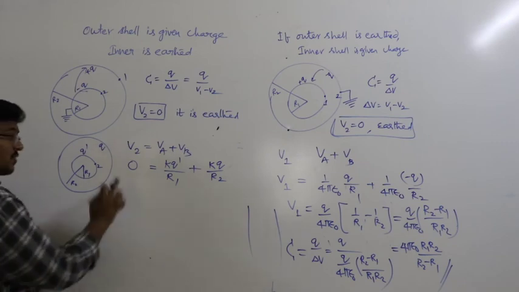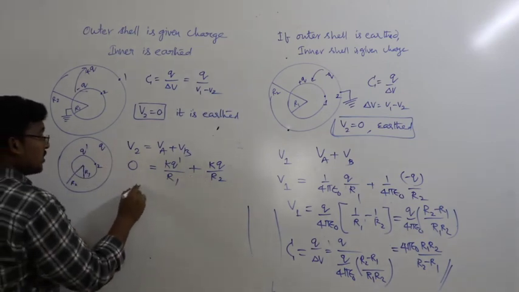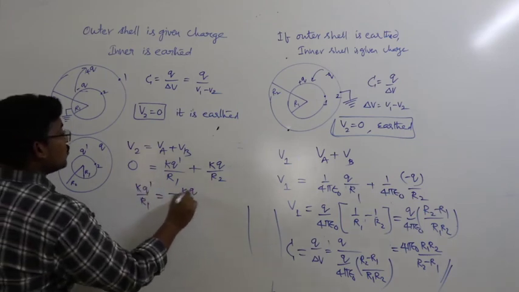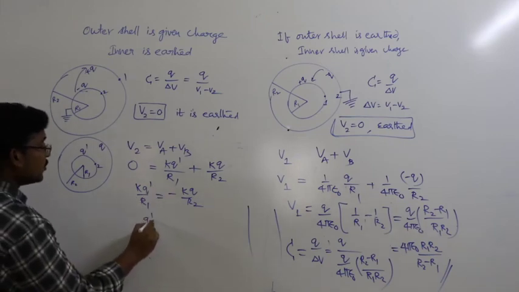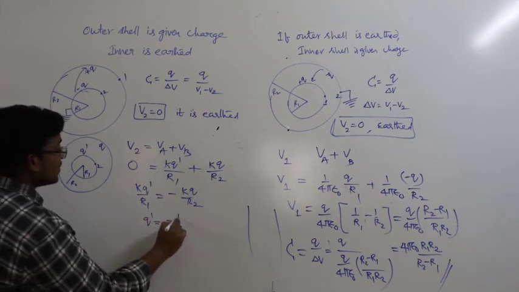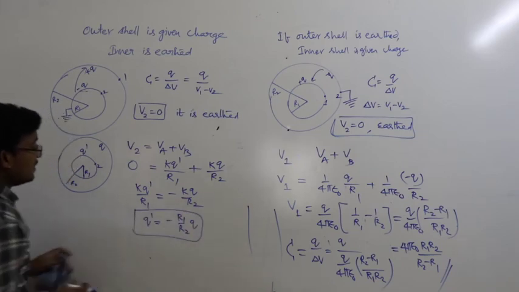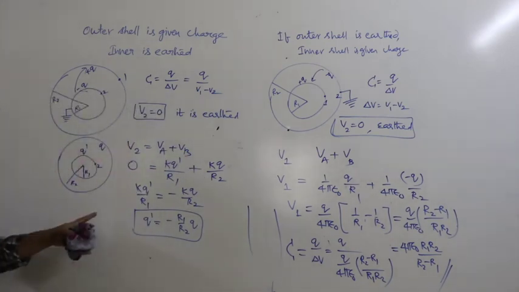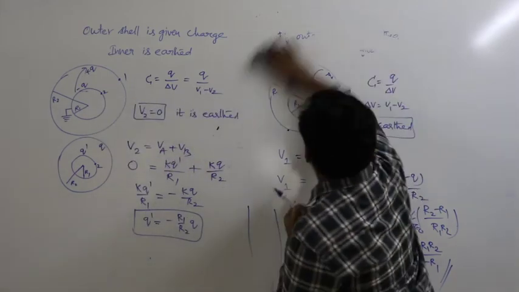So from here, bring this kq by r2 to this side: kq dash by r1 is equal to minus kq by r2. So k cancels, we will get q dash as minus r1 by r2 times q. This is the charge on the inner surface now. Now due to this you find out the potential, then you will get the answer.